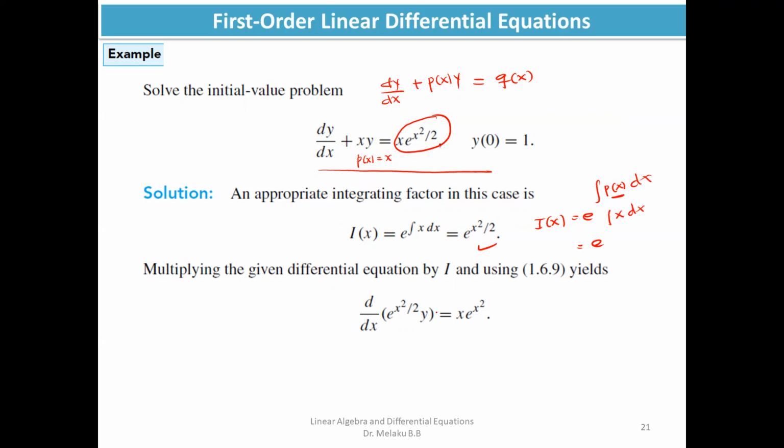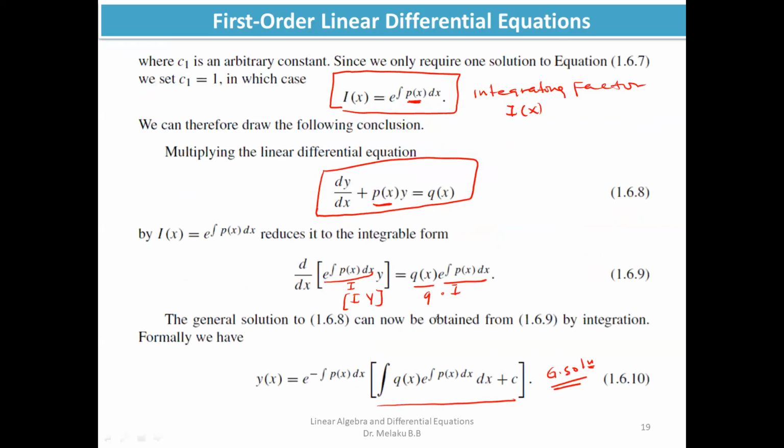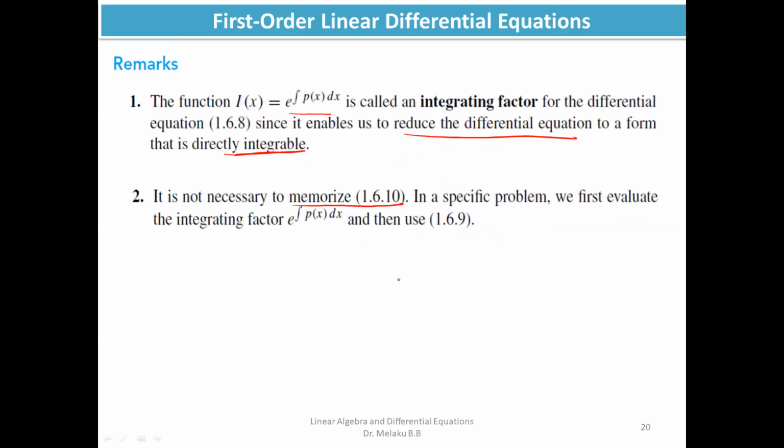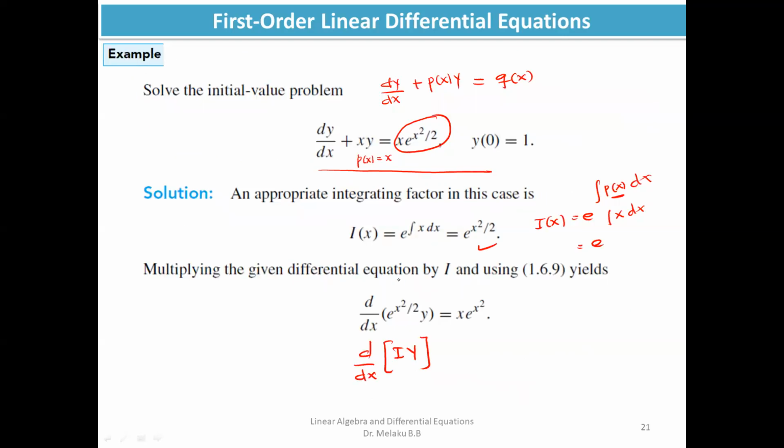So I of x is this one. And we have reduced this differential equation to d by dx of I times y, which is the same as q times I. What is q?